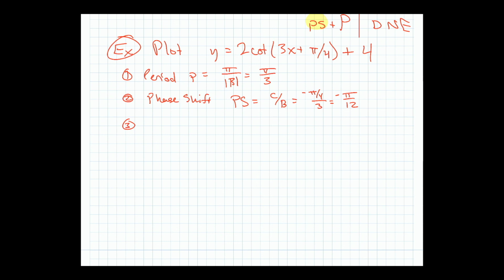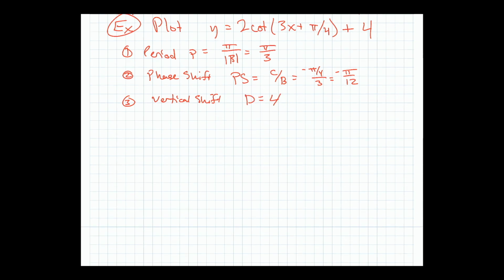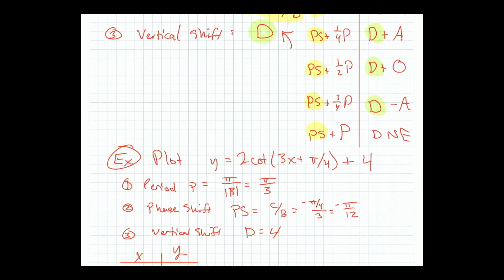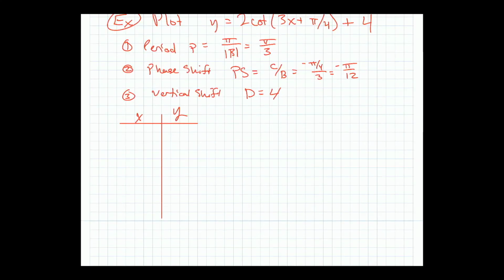Now the vertical shift is just plus d. So d is, what is it? 4. Right? So you calculate those things. Then we should be able just to make our table, X and Y values. So we start with the phase shift. So you got negative pi over 12. Then you got phase shift plus a quarter period.